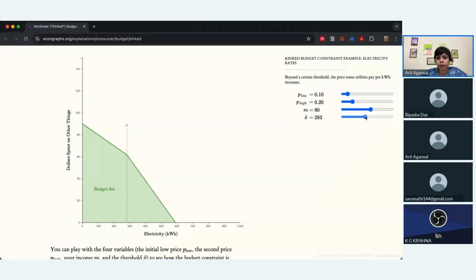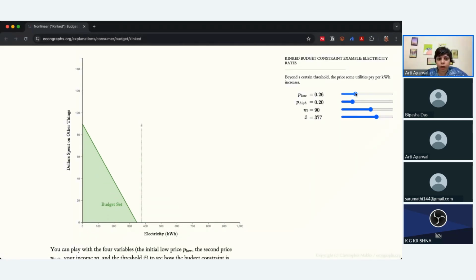Here X hat is the inflection point where there are several slabs in electricity pricing, and you can see how the budget set changes with the value at which the electricity pricing changes.